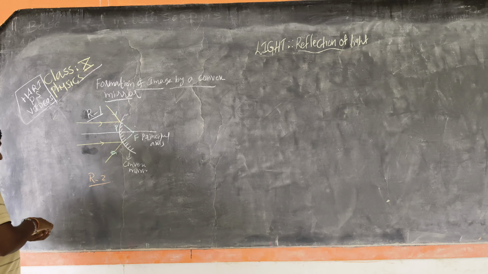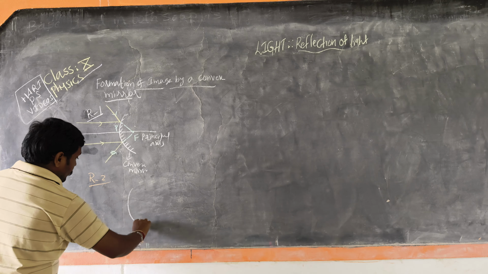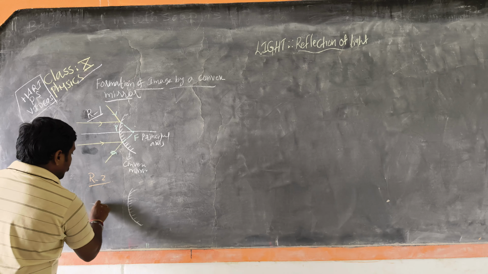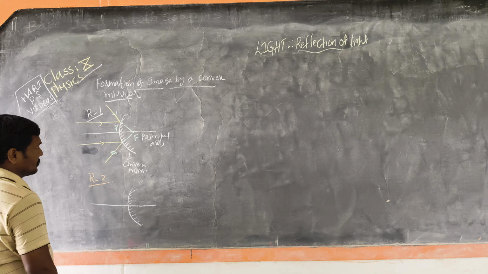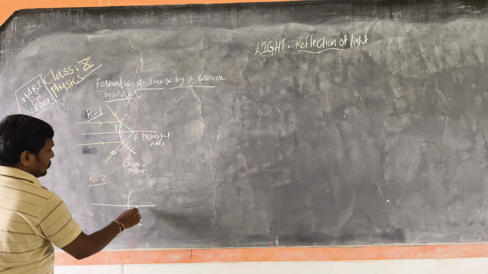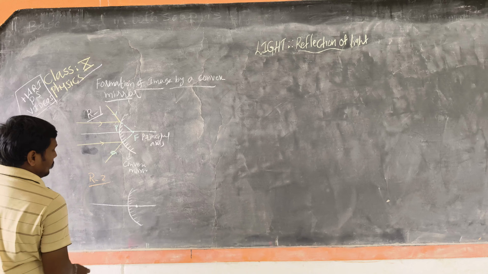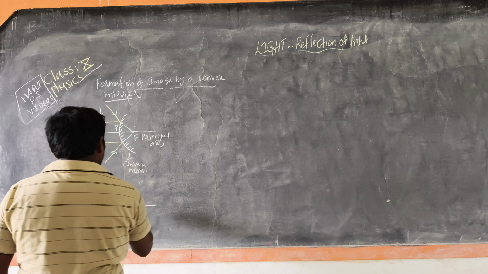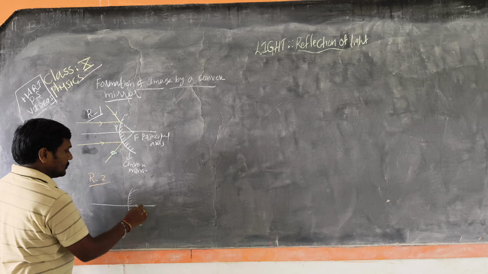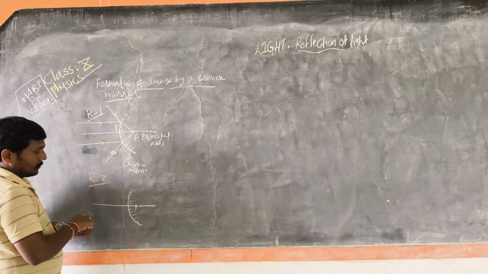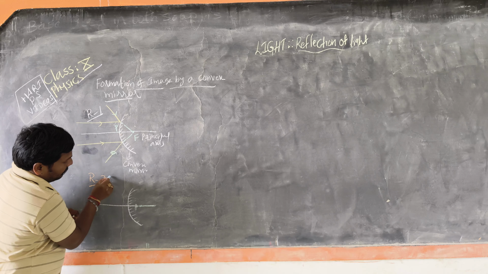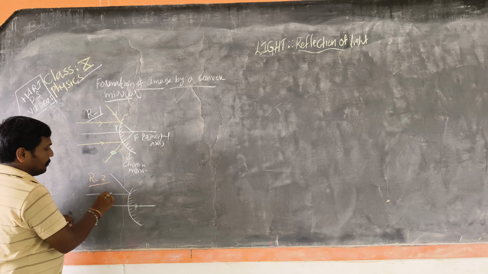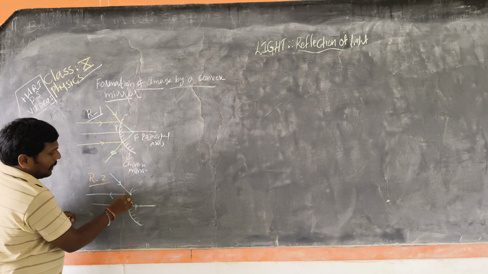Then rule 2. If the light rays are incident on the focus, what will happen? After reflection, they pass parallel to the principal axis.